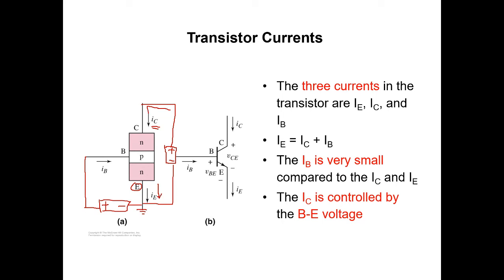Right, so here you have the current flowing from the positive terminal to the negative. And the same for the base and emitter. The base is positive, so here you have IB, and then you have IE, right?